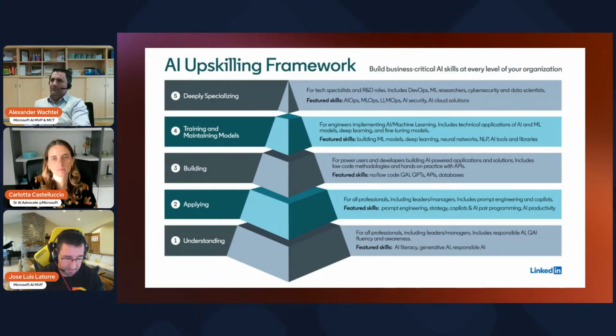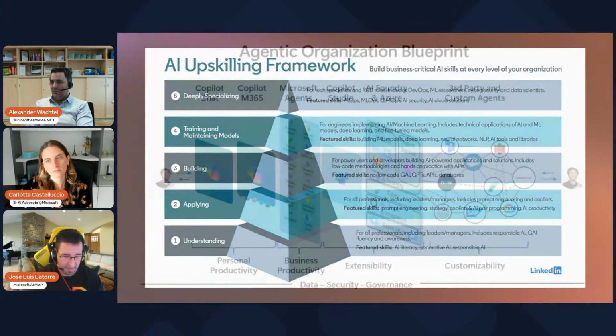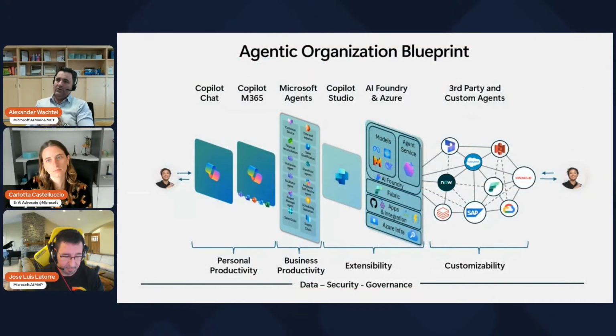The next steps we do not touch in this session, because they are not the focus of this series. They are about machine learning models, to run the models yourself and fine-tune them, and deep specialization, which is about DevOps and AI ops, but perhaps we will put this together only for the third step on this pyramid.